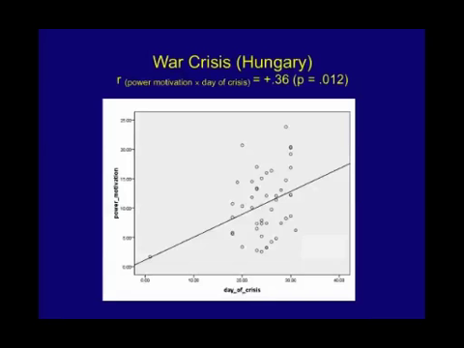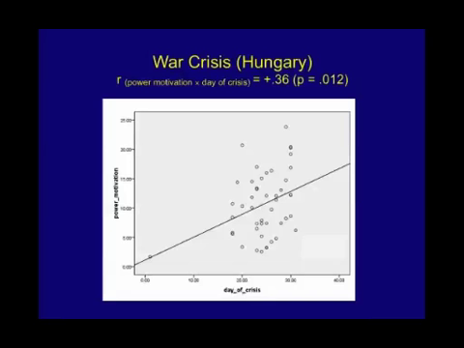Notice the cases cluster somewhat around an upward sloping line. When we calculate the correlation coefficient, which the computer does for us, or for which you can find a formula in a statistics book, we find that the correlation R between power motivation and day of crisis is positive 0.36.